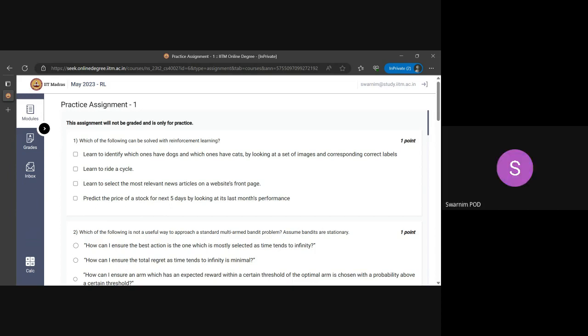I see. So this particular question doesn't expect you to pick a particular technique in reinforcement learning and see whether it can be used as supervised learning or not. It's a general question.